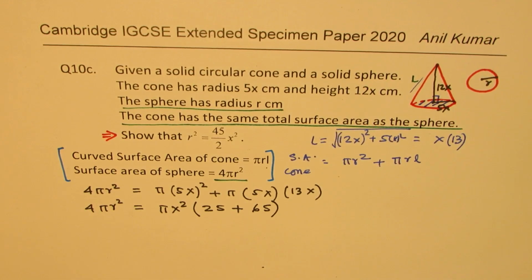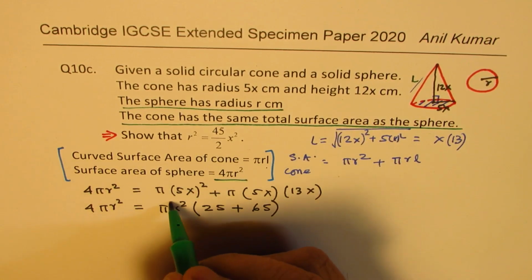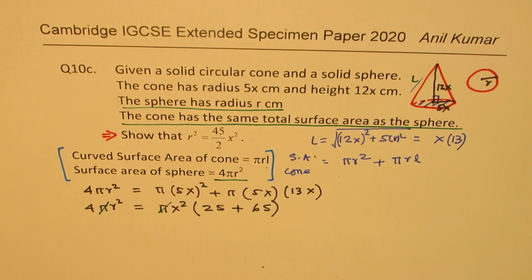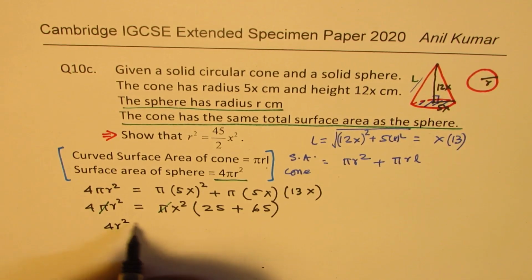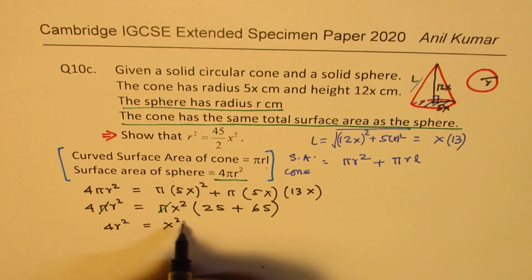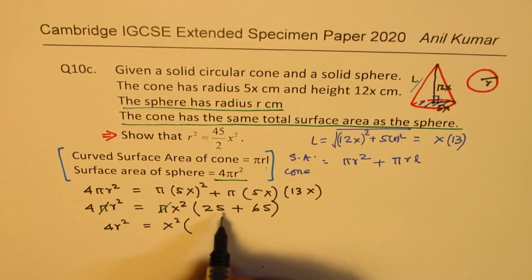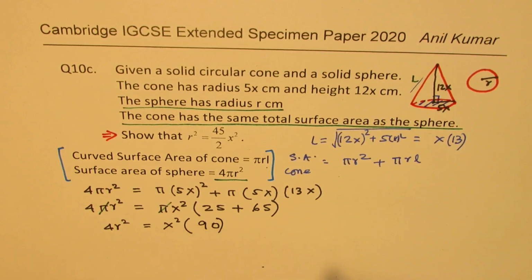And you can now isolate r squared, since pi cancels. So what we have here is 4r squared equals x squared times, adding them up, 25 plus 65, which gives you 90x squared.